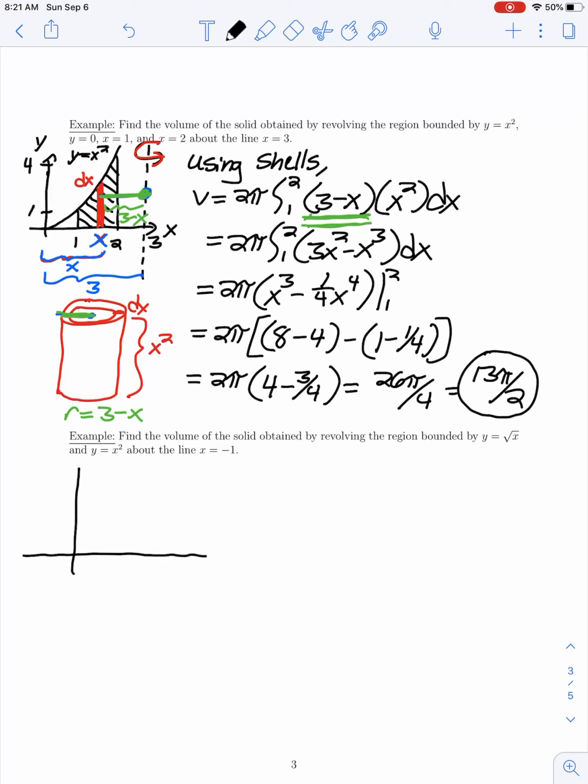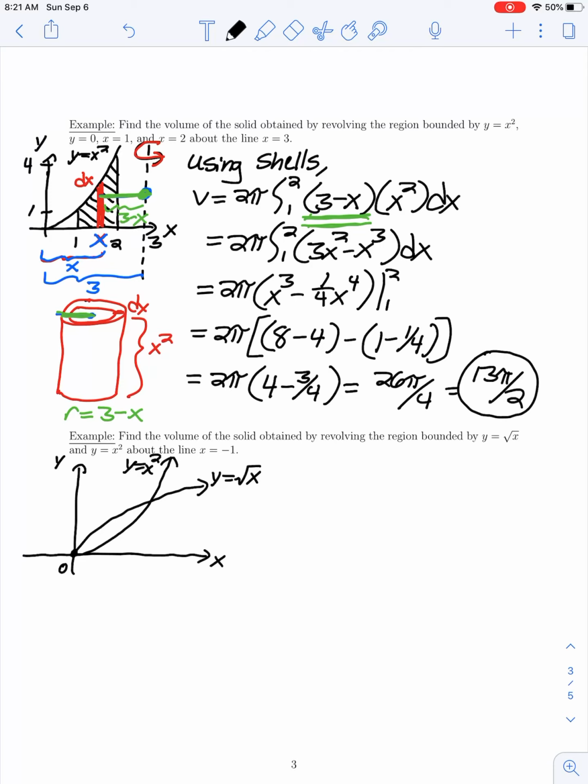So in the xy plane, we're looking at the region bounded by y equals the square root of x, which would be the parabola opening along the positive x-axis, in particular the upper half of that parabola, since y is the positive square root of x, and y equals x squared, which is the parabola opening upward, whose vertex is at the origin.